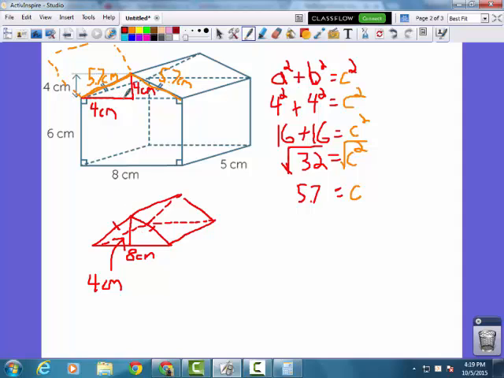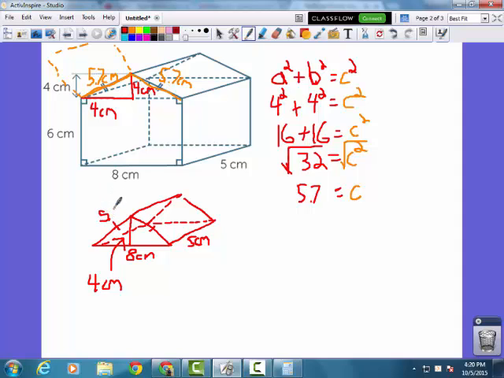The 4 was only halfway across. Remember that. The 4 is only halfway across. We want to use the 8 because that's the base of the triangle, not just half of it. And then along here is going to be the same as a rectangular prism, the 5. So this side here, the depth of our triangular prism, is 5 centimeters. So that's all we need.